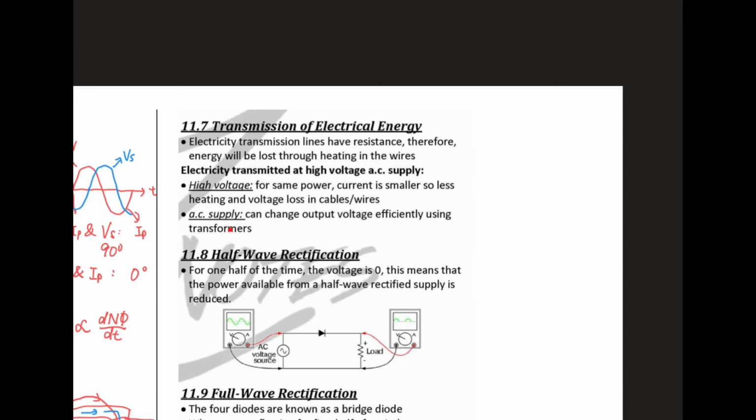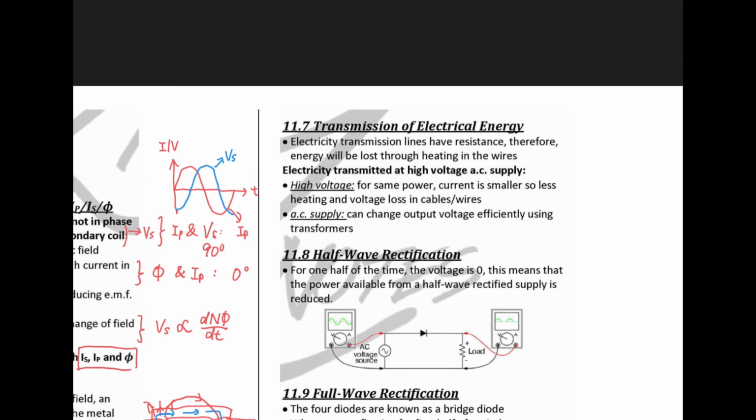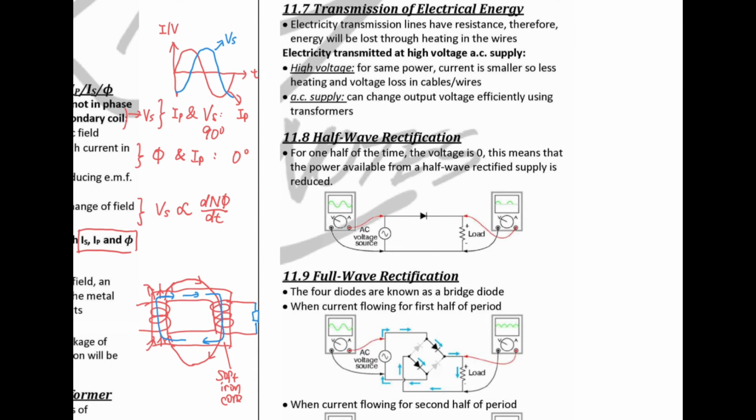Direct current doesn't work in a transformer because, imagine if you are using direct current, the current will just flow in one direction all the time and then flow out here, and then they form a magnetic field. The magnetic field will just cut the secondary coil when you turn on the direct current.